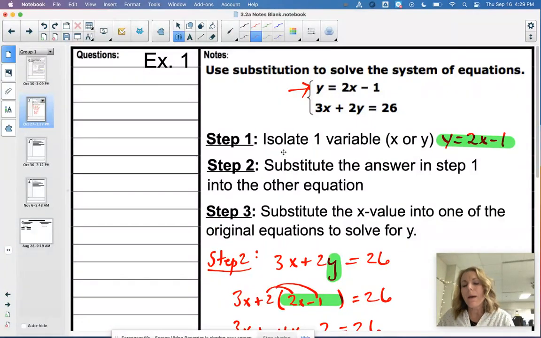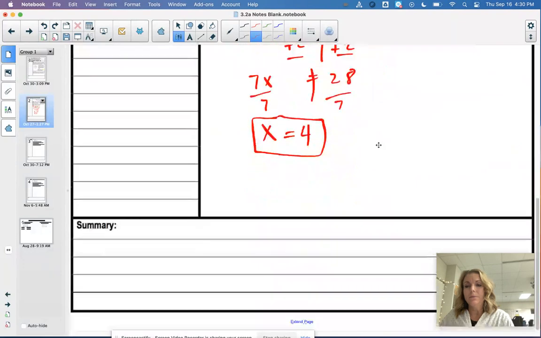This is kind of an always: whether we choose to isolate x or y, when we get to step 3, we're always plugging in either our x value or our y value that we found in step 2 into the equation from step 1.